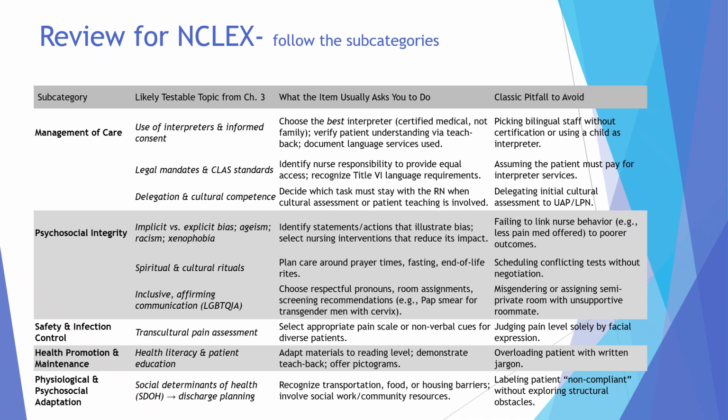Avoid failing to link nurse behavior, like for instance less pain medication offered, to poor outcomes. Another one is spiritual and cultural rituals: plan care around prayer times, fasting, and end-of-life rites. Avoid scheduling conflicting tests without negotiation.